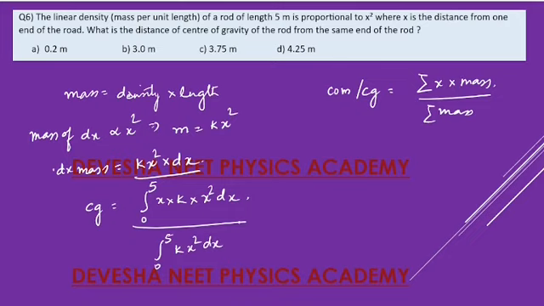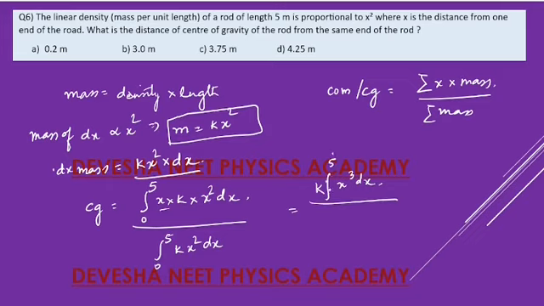Where is k x square dx coming from? This is coming from here. So the numerator becomes x into x square, which is x cube. I can take k outside because it is a constant, so k x cube dx from 0 to 5.